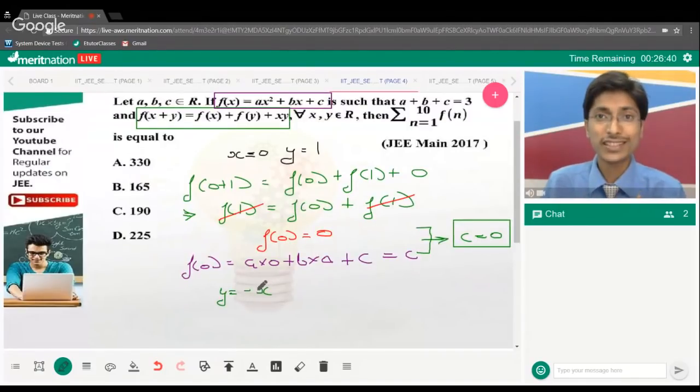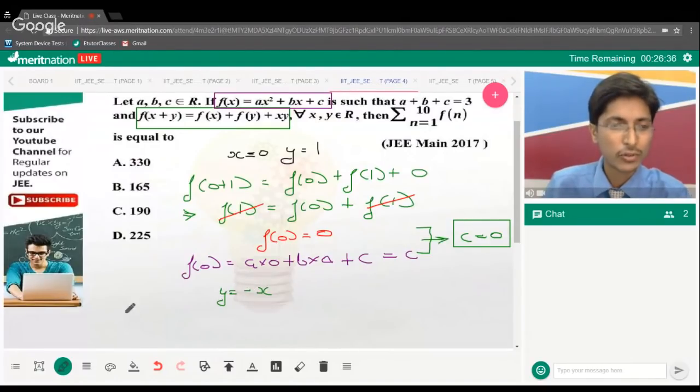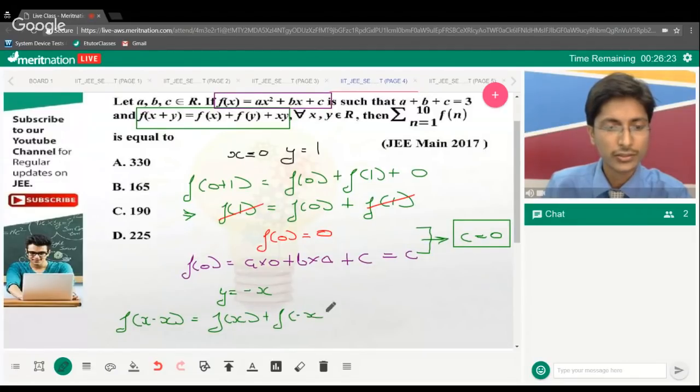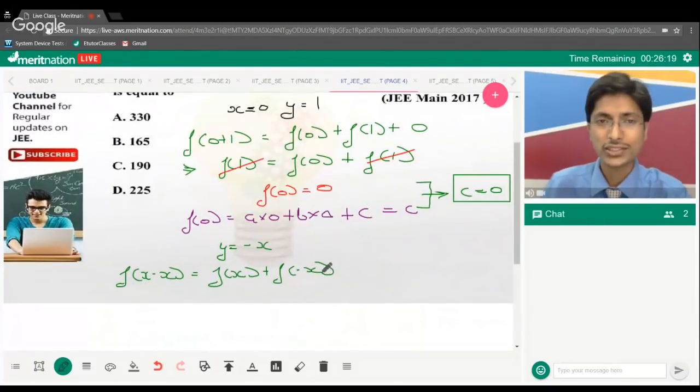Because again, I'll be ending up with f of 0. That will help the question look very easy. So f of x minus x is equal to f of x plus f of minus x, and plus xy will be equal to minus x squared because y equals to minus x.